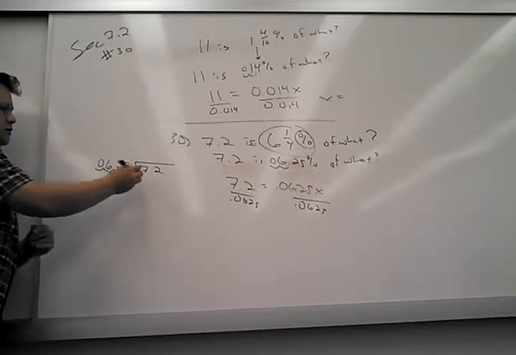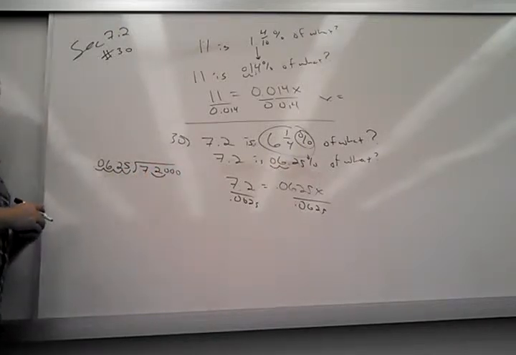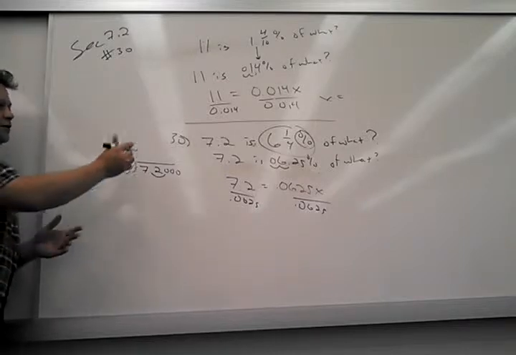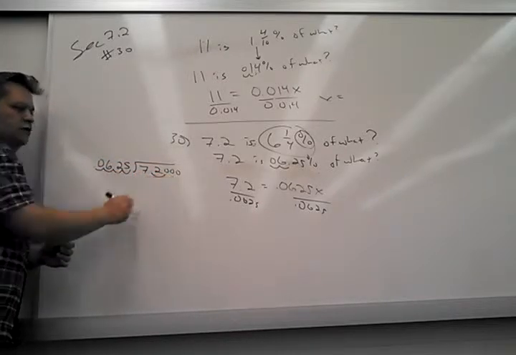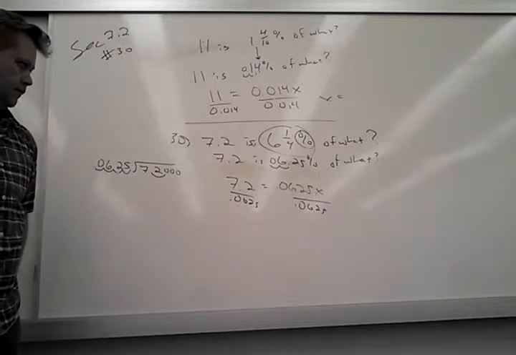So you have to move this one, 1, 2, 3, 4. And that looks fun. But you can still do it. 625 goes into 720. You can still attack it. So the answer is just going to be 7.2 over that.